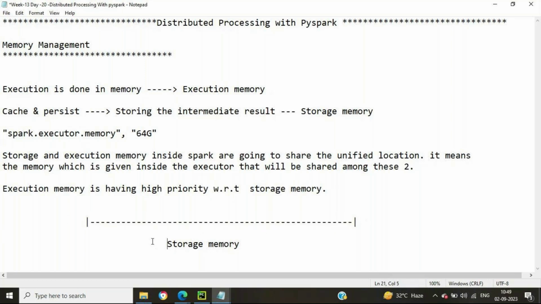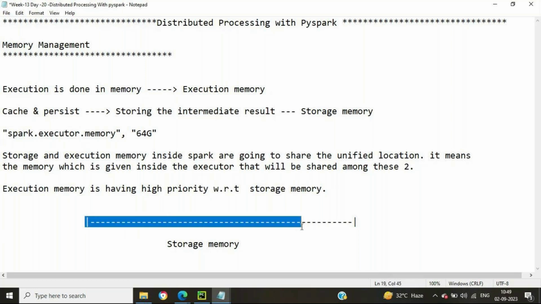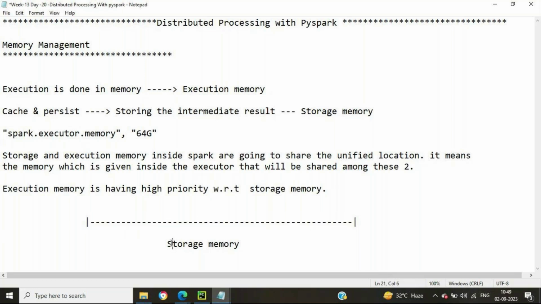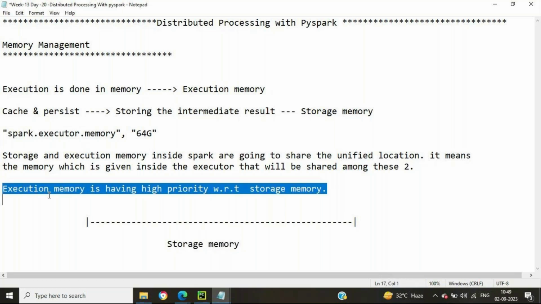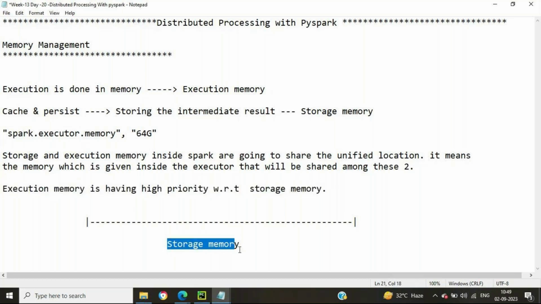So if this location is utilized by storage memory and there is something for execution, then the storage memory needs to evacuate all of its data from the memory, and the execution will happen there.